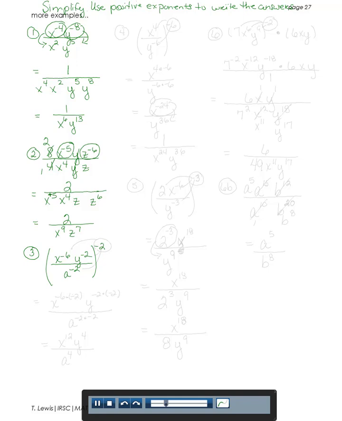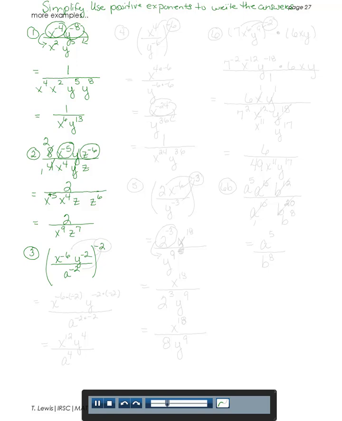They're all in the same spots. They will stay where they belong, because when we take this negative 2 and we distribute to each factor, everything becomes positive. Every factor becomes positive.